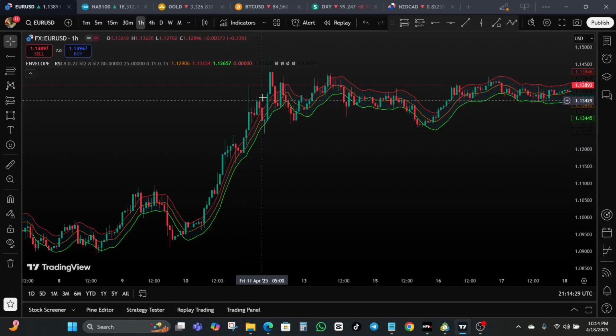All right, then when the price begins to trade within the envelope RSI, it shows a potential consolidating market. Okay, so to be on the safer side, you want to stay out of the market when the price is trading within the envelope RSI.